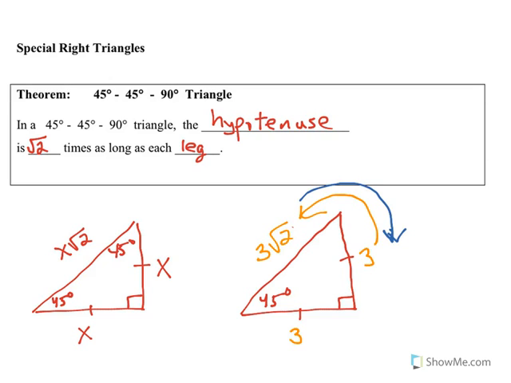So if I was given a hypotenuse to start, let's say I knew my hypotenuse was 5 square roots of 2. Well, if you multiply by square root of 2 to get to the hypotenuse, well, how do I get back to the original leg? You're going to divide by square root of 2, so undo that multiplying.